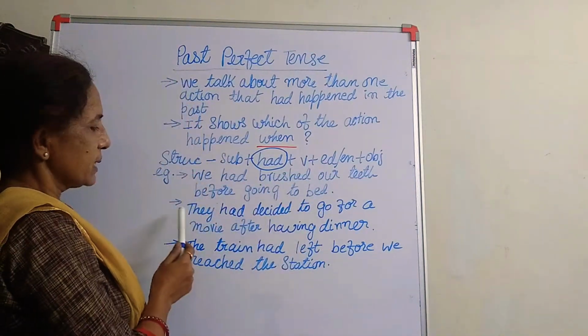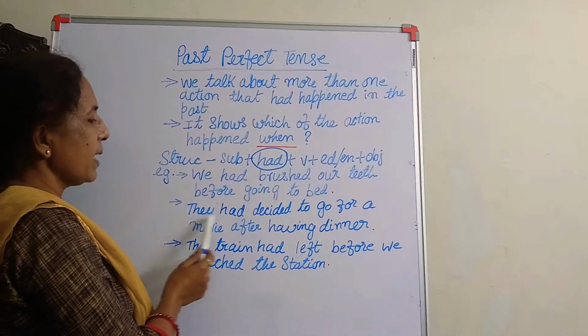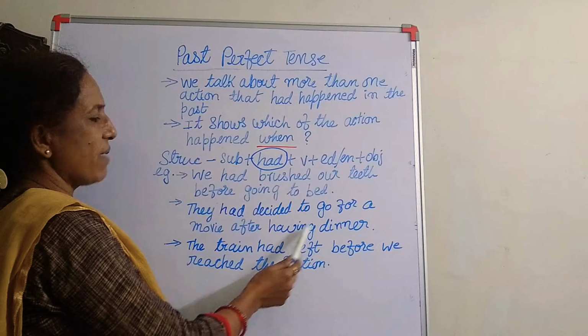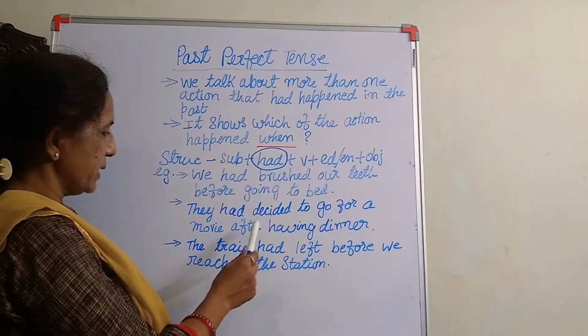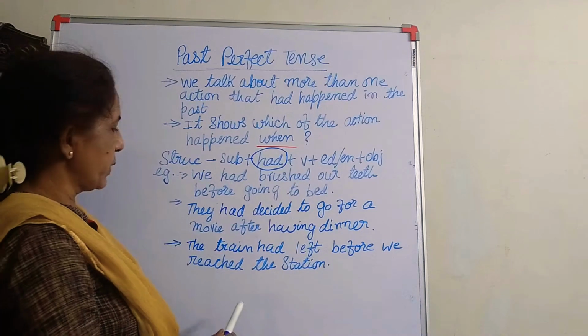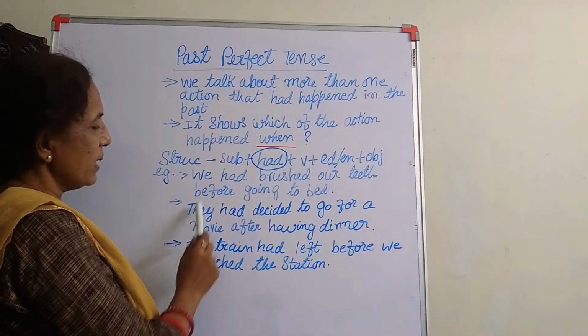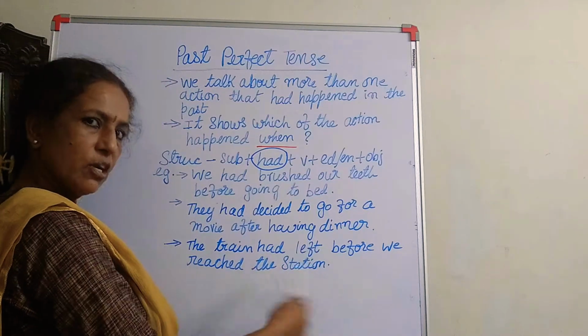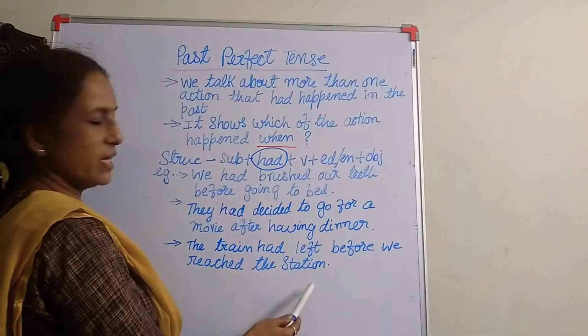Past perfect. See the other example. They had decided to go for a movie after having dinner. So dinner will be taken first and then they'll go for a movie. And the third one: the train had left before we reached the station.